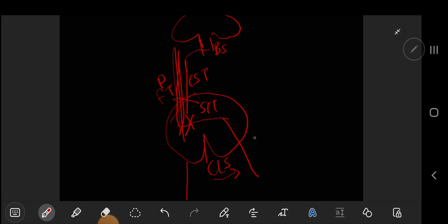But the spinothalamic tract transmits temperature and pain, which comes from the contralateral side. And the corticospinal tract gives us the motor component.